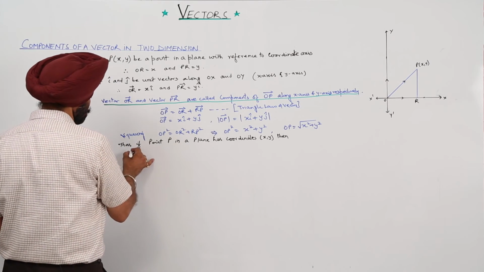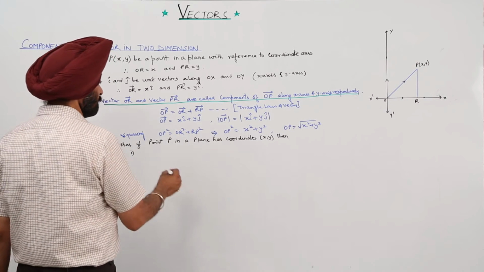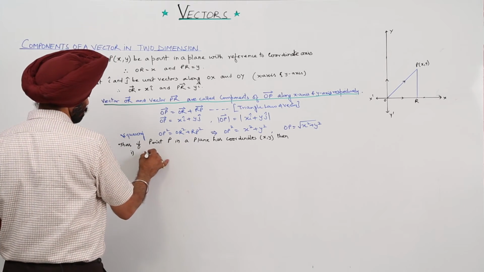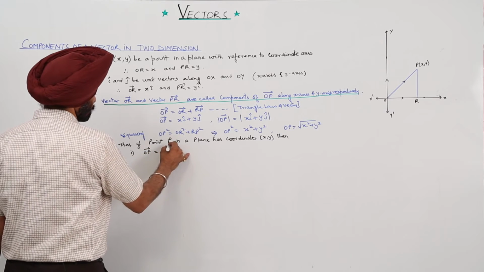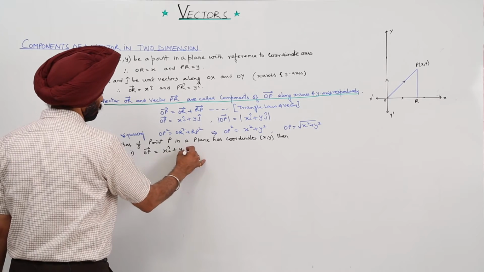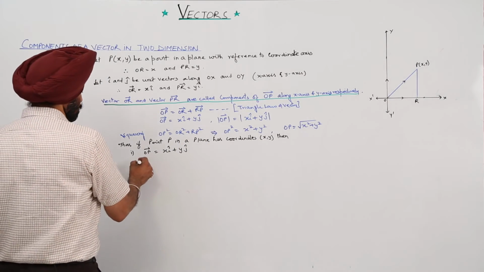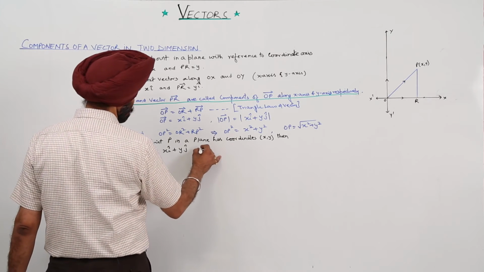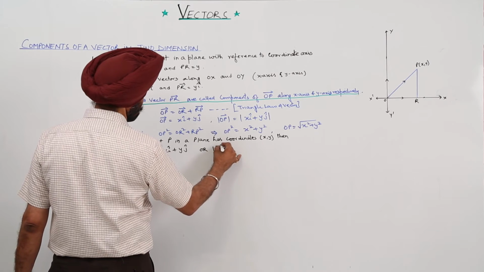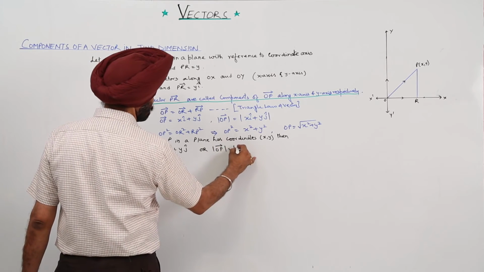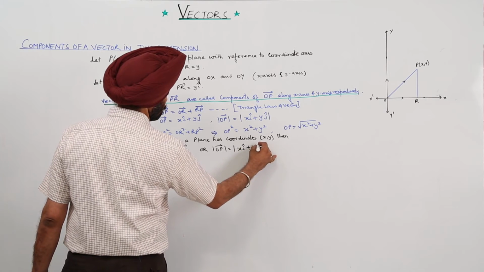Number 1, vector OP is equal to x i cap plus y j cap, or the length of OP is equal to the length of x i cap plus y j cap.